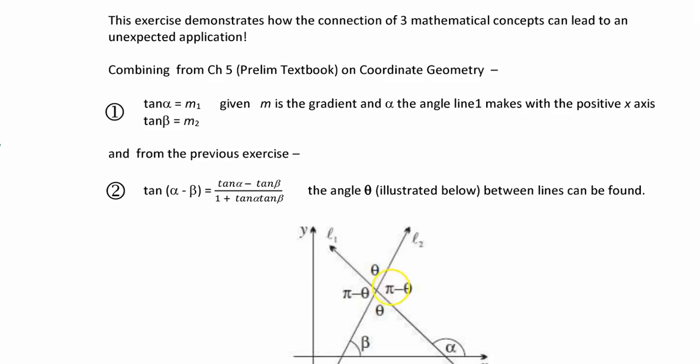We know that this one would be called 180 minus theta, or pi minus theta in radians. And again, those two are equal. So just trying to make sense of this diagram. We've got our two straight lines, and a formula to find the size of that angle there. Theta is, as I showed you below.